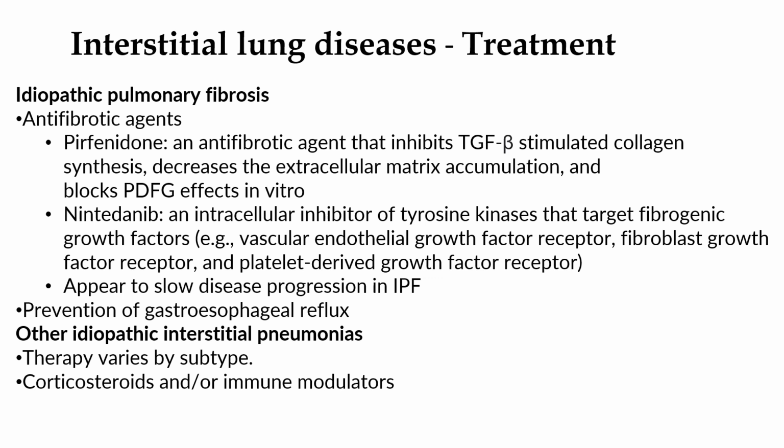And nintedanib, an intracellular inhibitor of tyrosine kinases that target fibrogenic growth factors, for example vascular endothelial growth factor receptor, fibroblast growth factor receptor, and platelet-derived growth factor receptor, appear to slow disease progression in IPF. These two agents, pirfenidone and nintedanib.